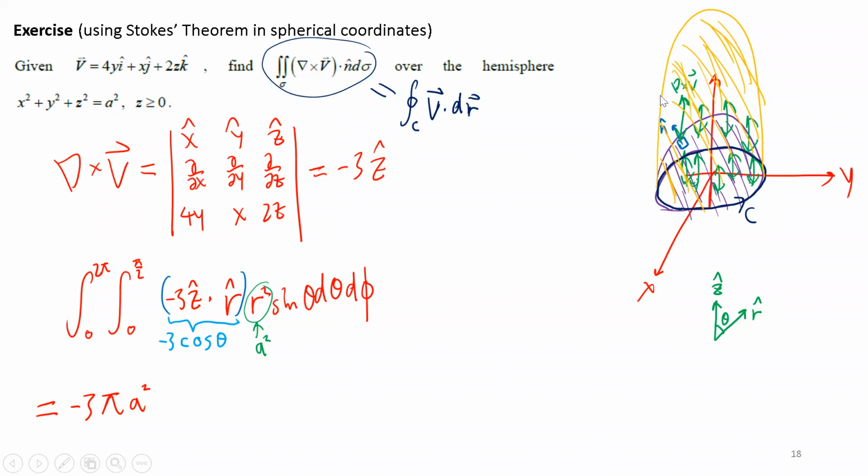The flux of curl of V over this yellow surface is the same as the flux over this purple surface.